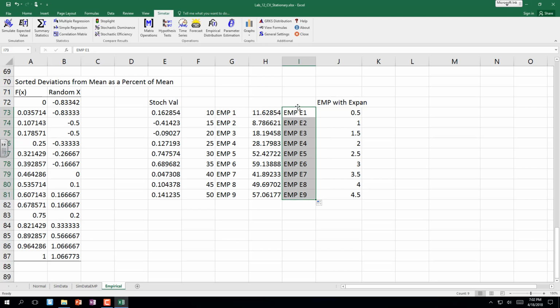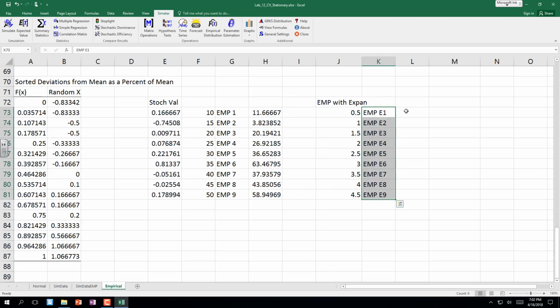And I put it in the wrong place, of course. So the formula I'm going to use is equal to the mean times references 1 plus the stochastic deviate times expansion.